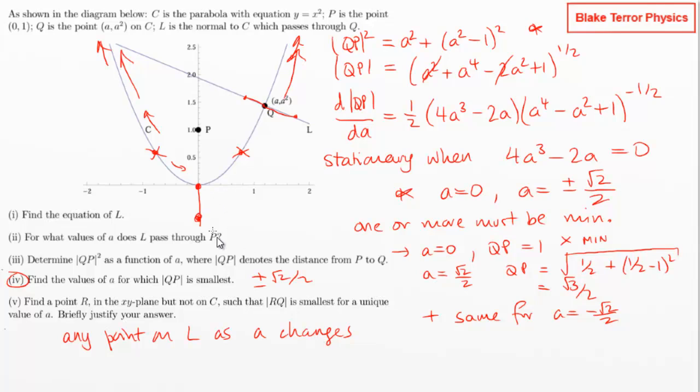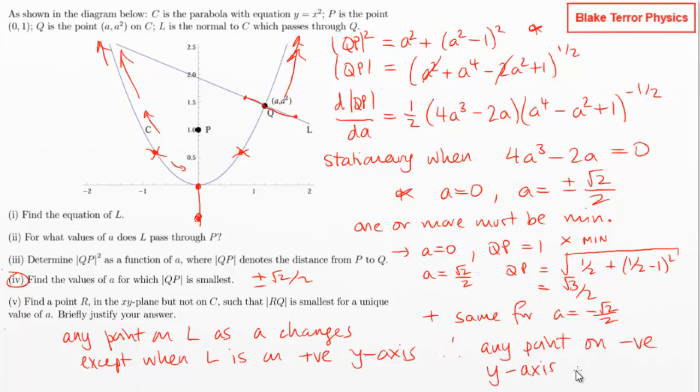Except when L is on the positive y-axis. So we certainly can't have that. But we could have anything on the negative y-axis, any point on the negative y-axis, e.g. (0, -1).